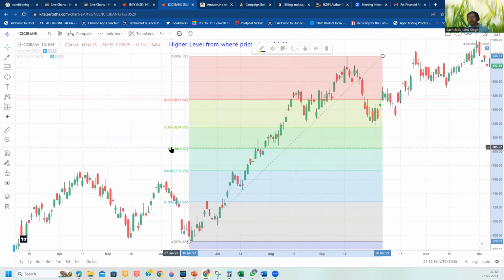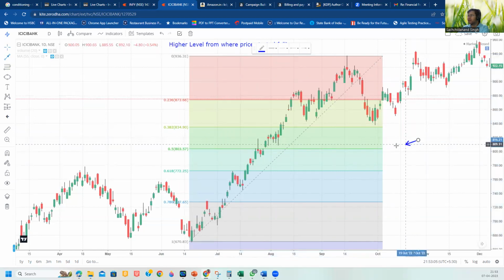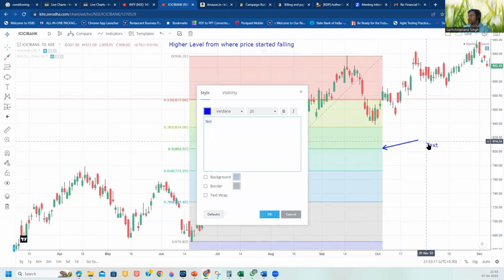Okay, and another way to use this retracement tool is that till this price point or the percentage, this is the line of 50%. I will just write it for you once for a better understanding. So this level is the 50% level.